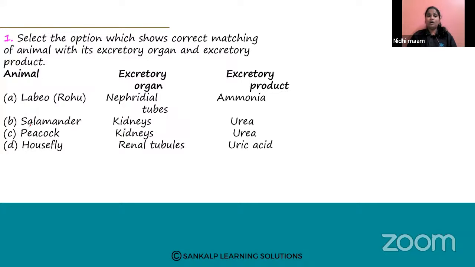House flies, okay, so it will come in arthropoda, so it excretes through the renal tubes and it excretes a substance or a product called uric acid. So among this, which pair is correct? Okay, so here animal should be correct, excretory organ should be correct, and excretory product should be correct. Everything should match.